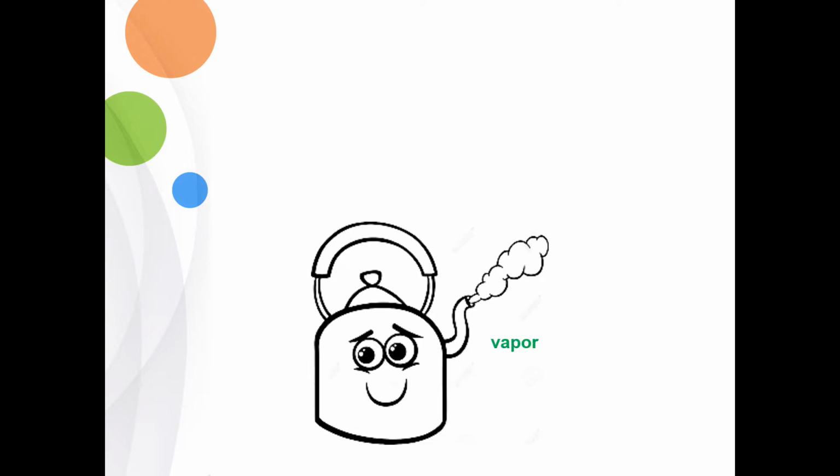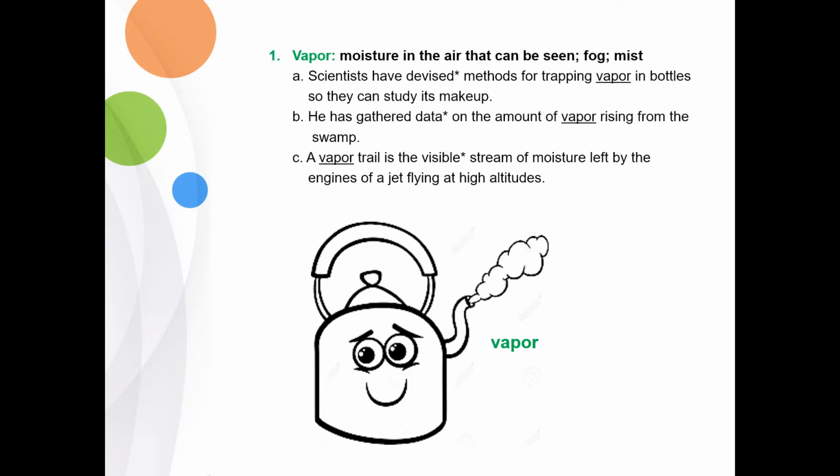First word, vapor. Vapor means moisture in the air that can be seen, or fog, or mist. Examples. Number 1. Scientists have devised methods for trapping vapor in bottles so they can study its makeup.